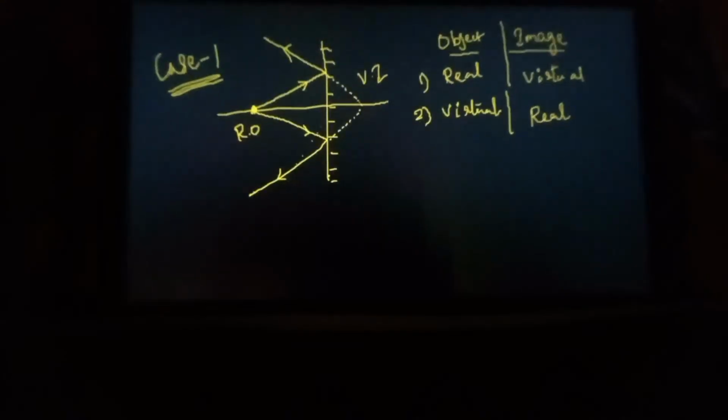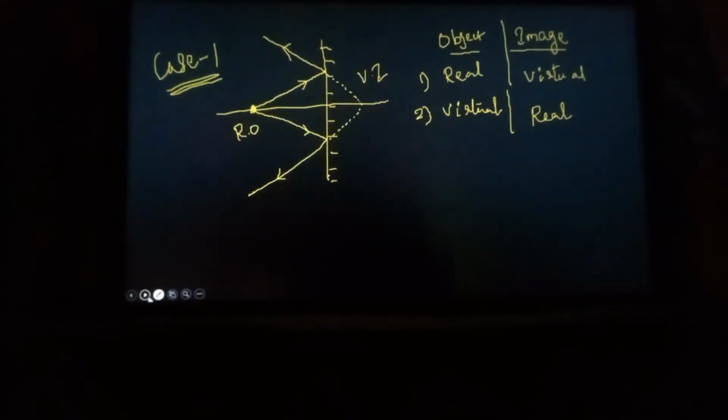Here you have to understand, this is a plane mirror, one side is the reflecting surface, and the other side is coated. Here also the same thing.